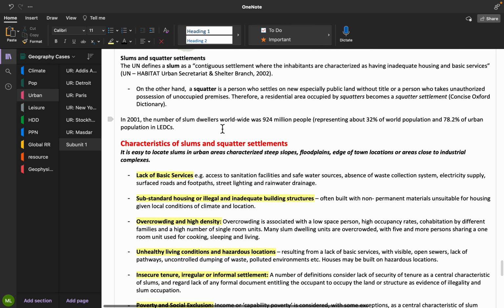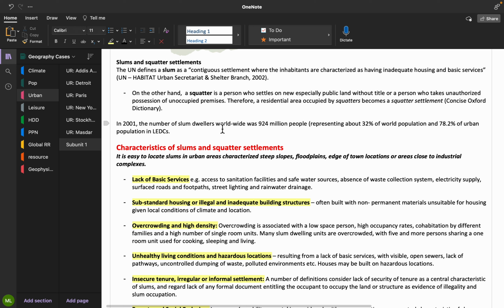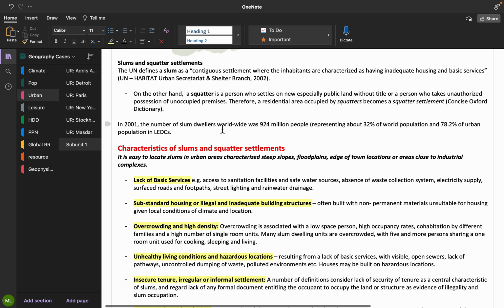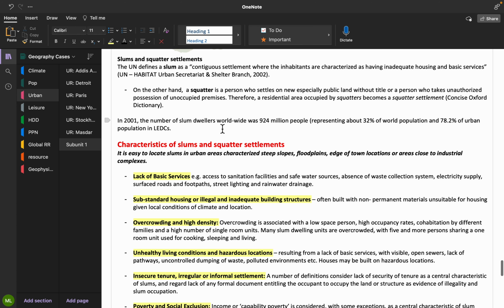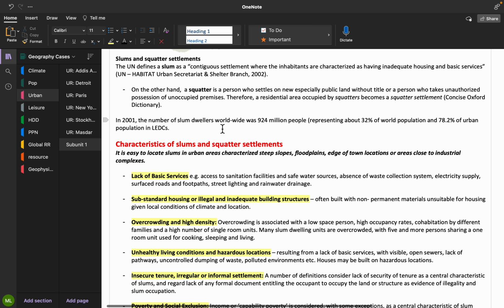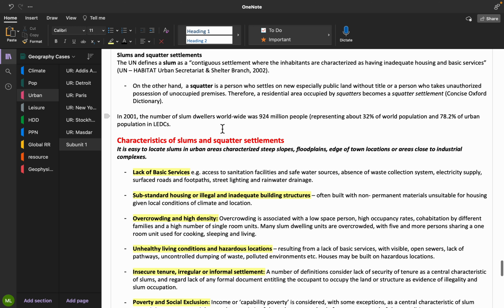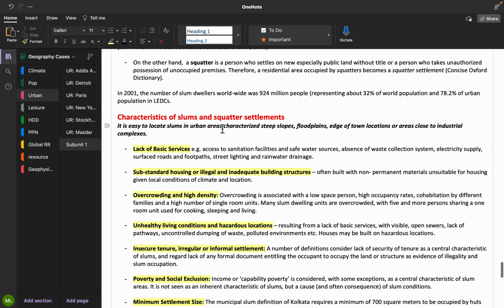Now, lastly, let's look at slums in general. These are things that are apparent in urban areas, not as much in HICs, mostly in MICs and LICs. Slums and squatter settlements, well, the UN defines it as a contiguous settlement where the inhabitants are characterized as having inadequate housing and basic services.